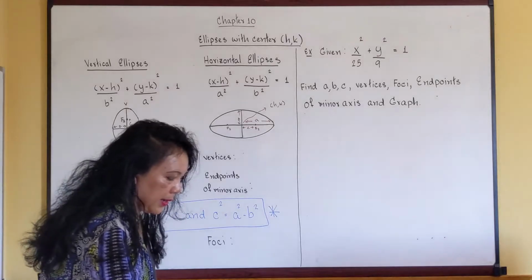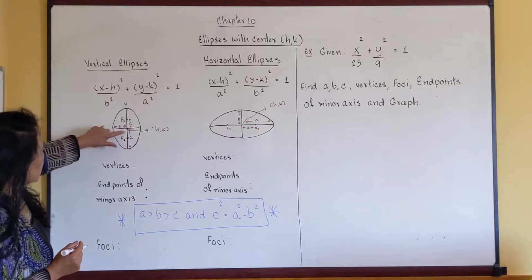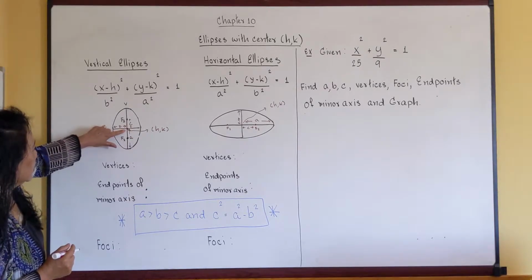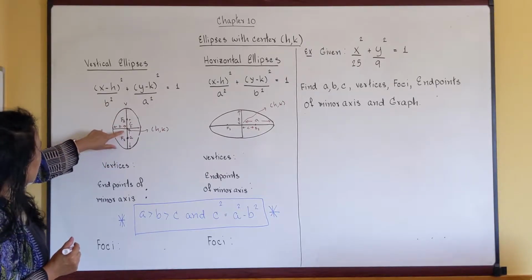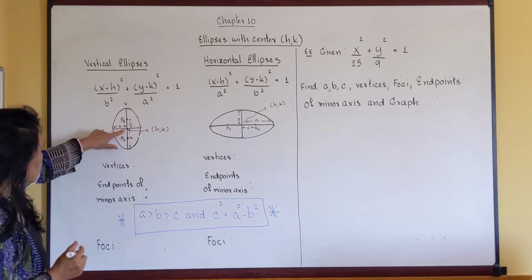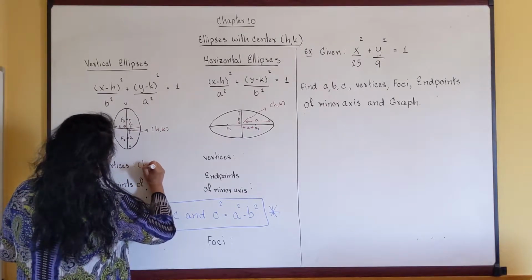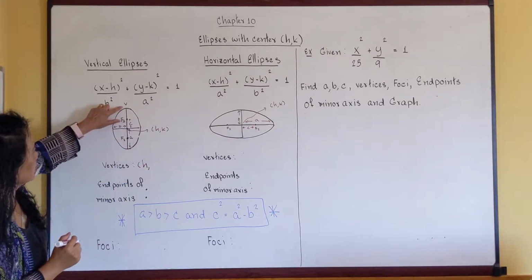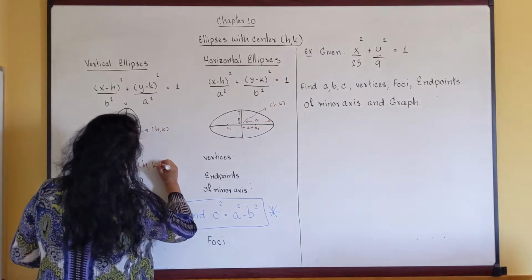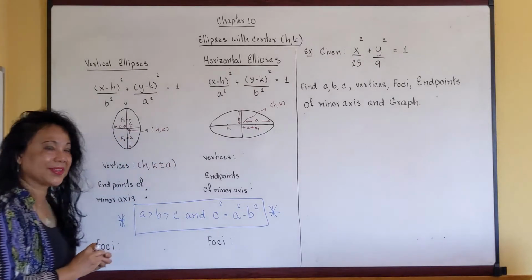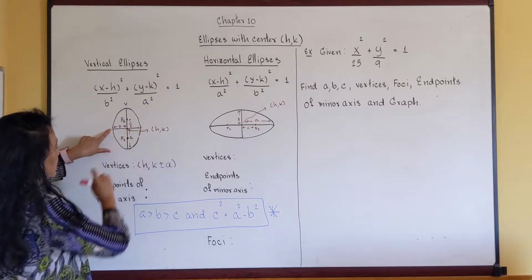So let's look at our formula here. The center is H, K. For the vertical, the vertex will be up here or down here. So the x coordinate is the same, which is H. However, the y coordinate goes up or down A units, so you're going to have K plus or minus A. Now the endpoints of the minor axis for the vertical are these two points here.